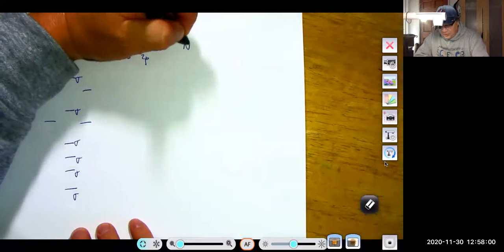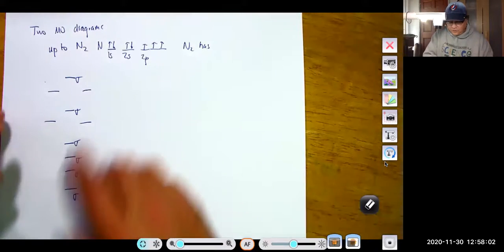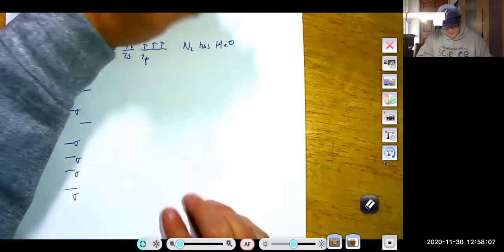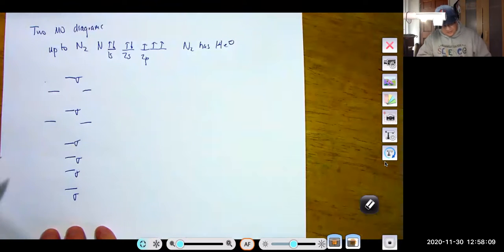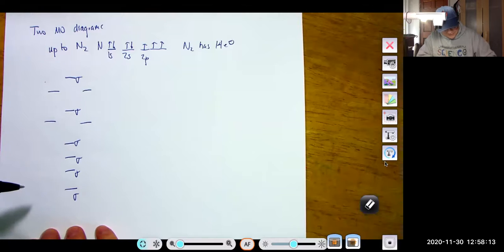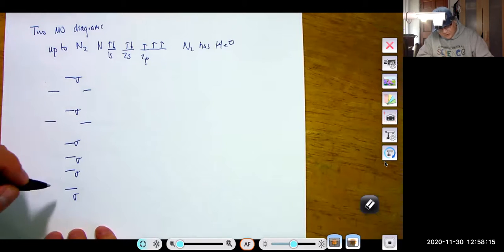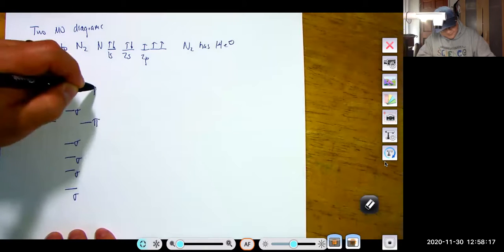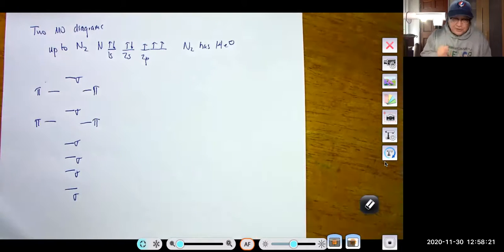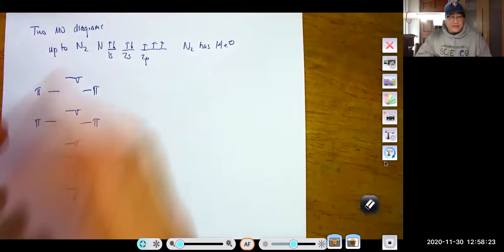So N2 has 2, 4, 6, 14 electrons. All of these are sigmas. These ones on the sides are pi's. So in all these MO diagrams, the central ones are sigmas and the ones on the ends are pi's.